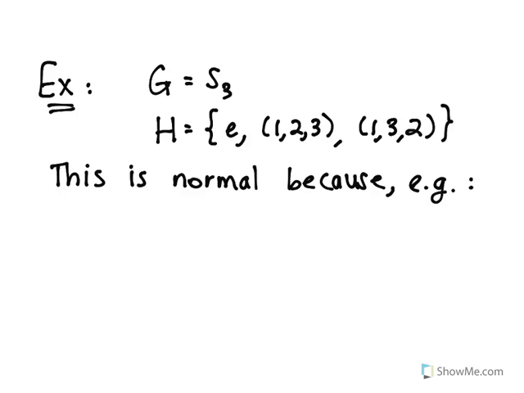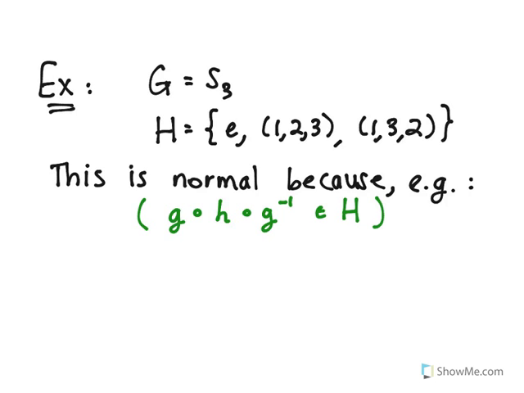So for example, one of my favorite examples of a non-abelian group would be the symmetric group. So let's let G be the symmetric group S3. Now I claim that if I let H be the subgroup that contains the identity and the cycle (1 2 3) and the cycle (1 3 2), that's normal.